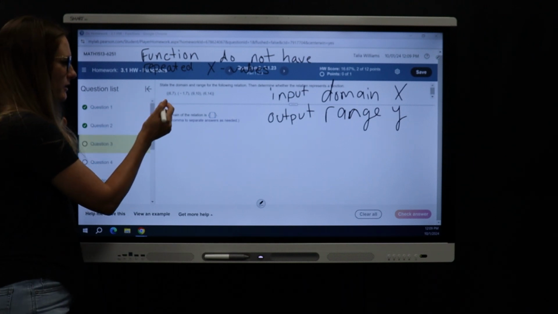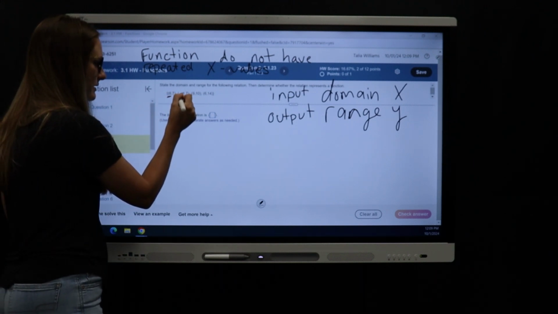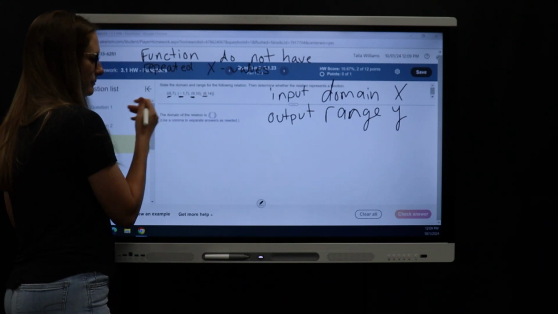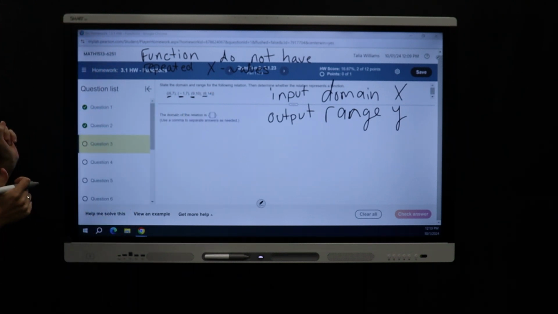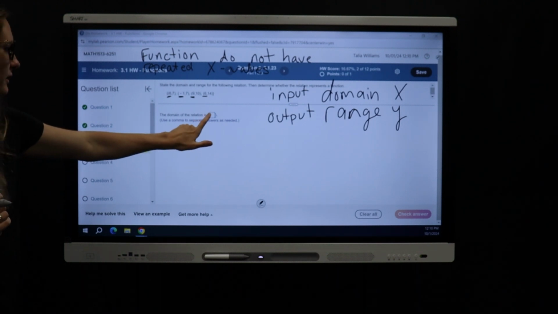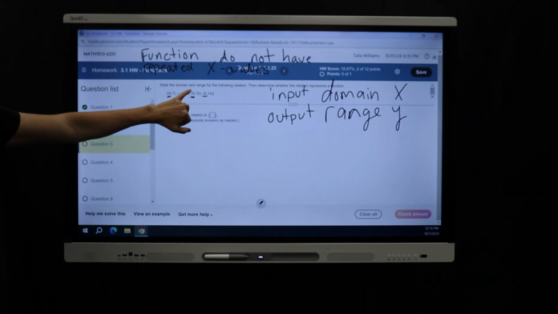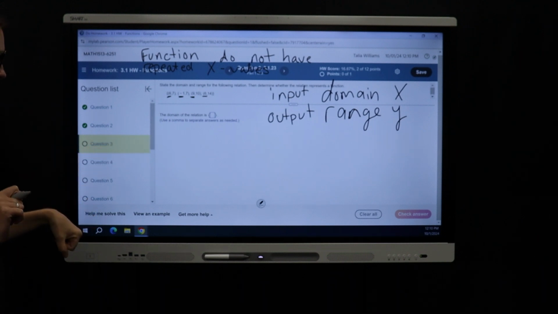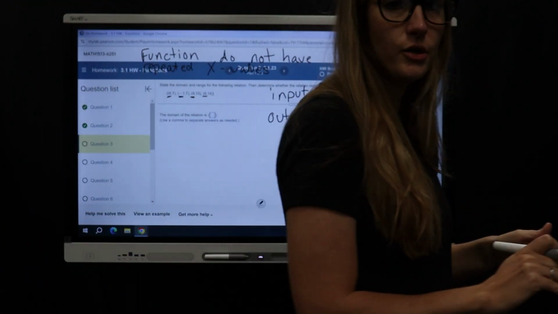So our domain here is just our x values, so 6, -1, 9, and 6. I was trying to determine if they want us to repeat the 6 because there's two 6's. I don't think so, but I'll do it just in case.